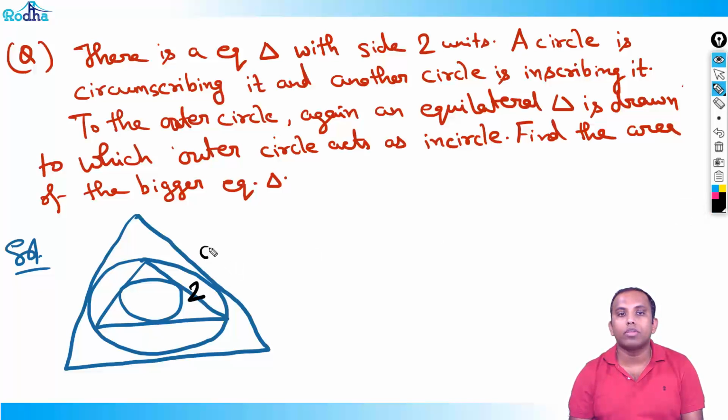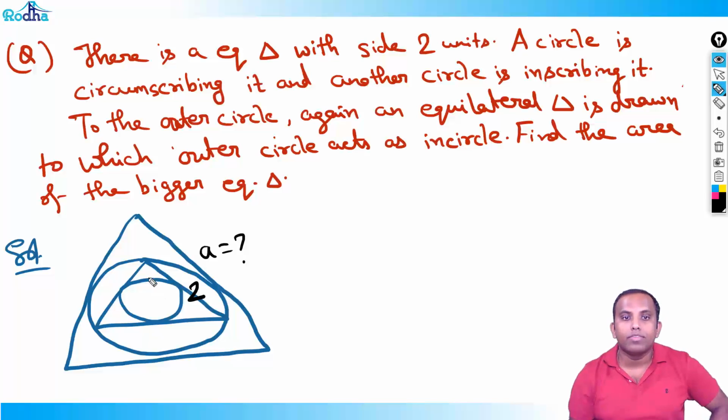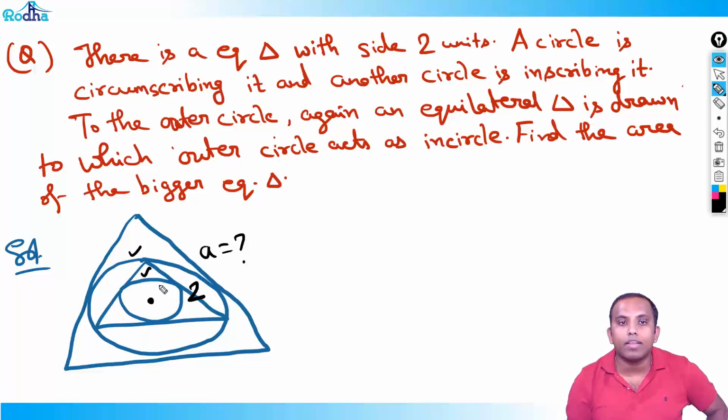We're finding the side of the outer triangle. It's a very easy question. Observe here, in this equilateral triangle, this center is the common center for both circles. If the equilateral triangle has side 2, what is the circumradius?